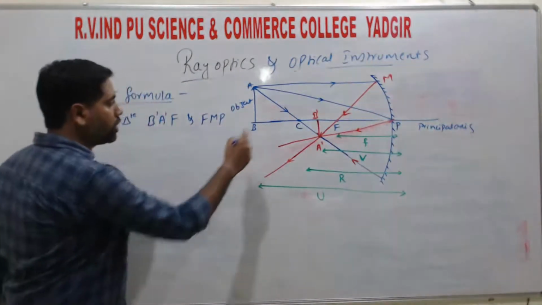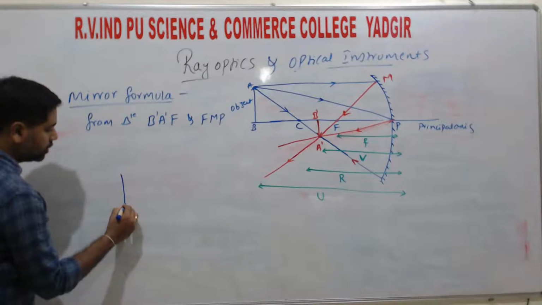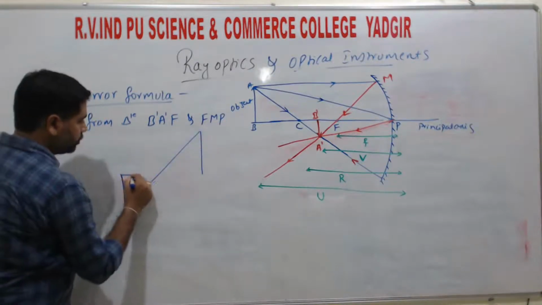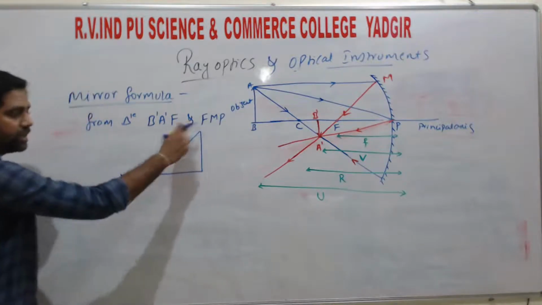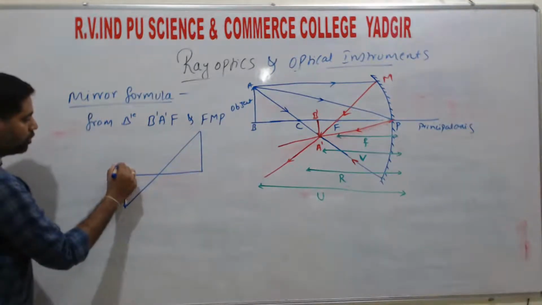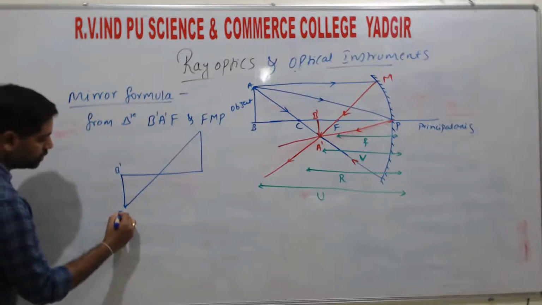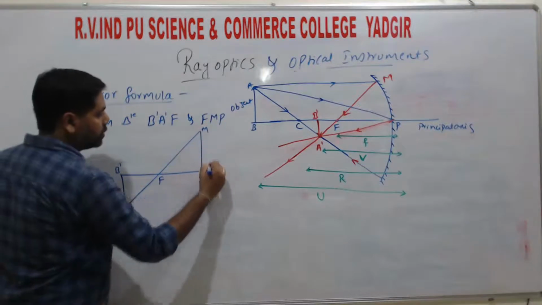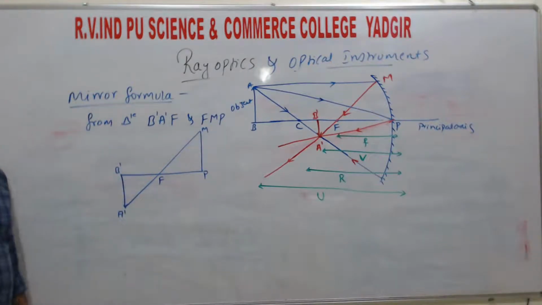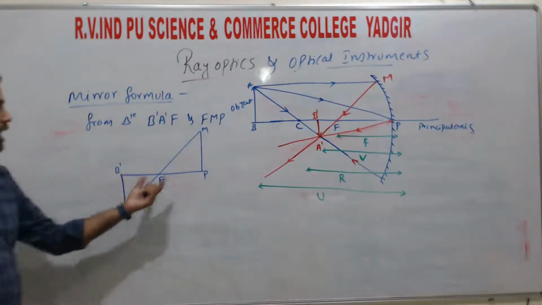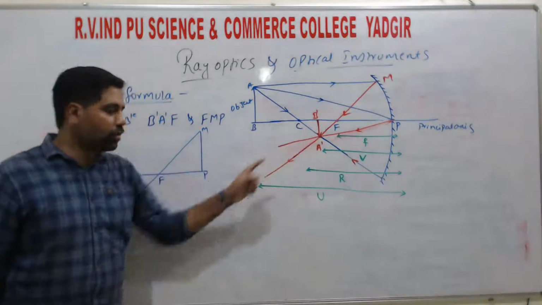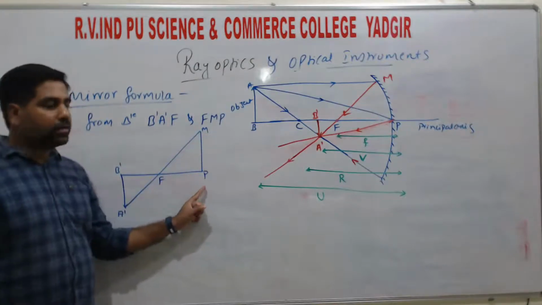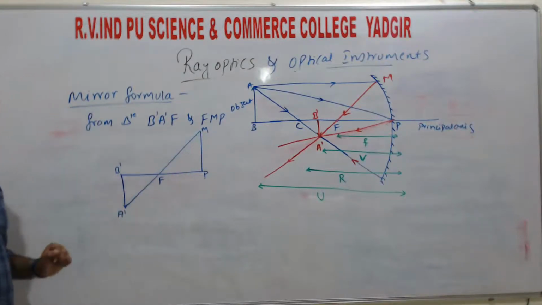So here we have two triangles, so I will plot them here. Considering these two triangles, B dash A dash F, and here F, M, P. These two triangles are similar triangles.